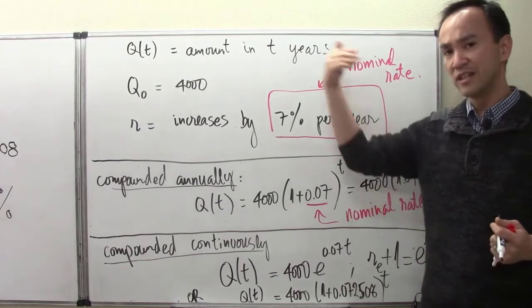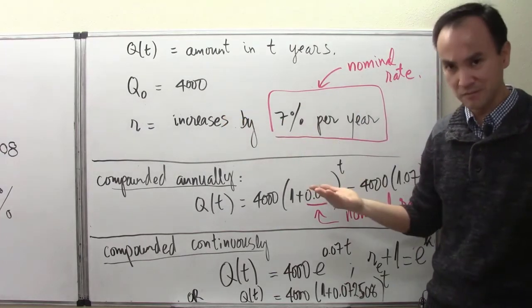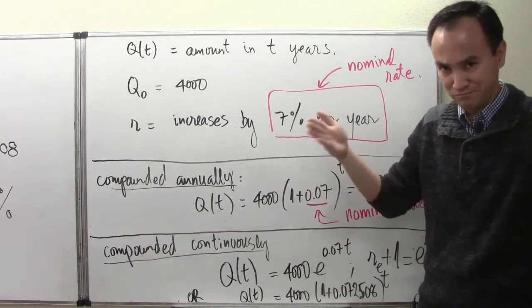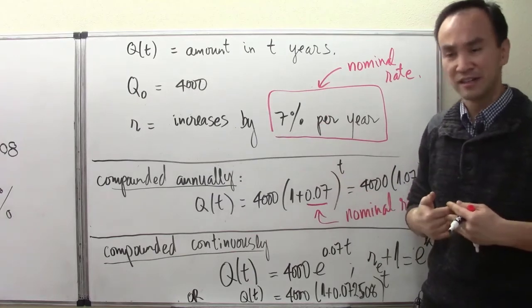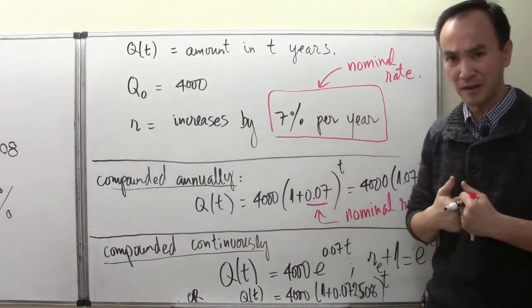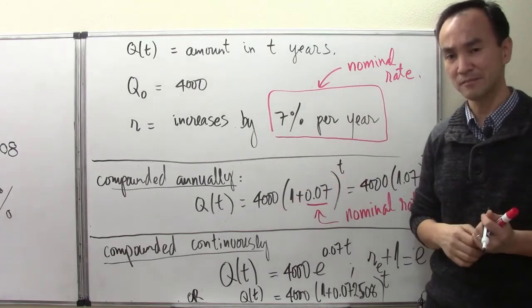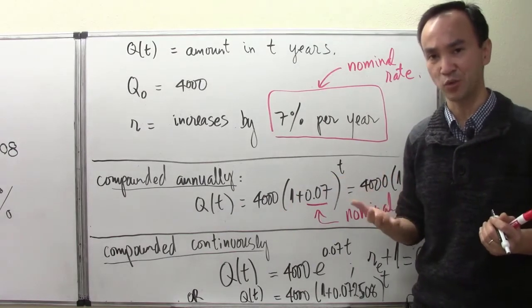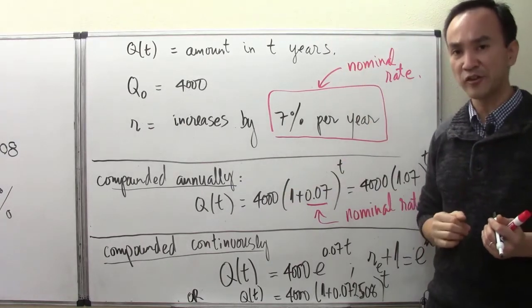When we're stepping outside of financial math and working with population growth, I'm talking about human population, animal populations, bacteria population, chemical decaying. Those are natural processes where it's either growing exponentially or decaying exponentially.